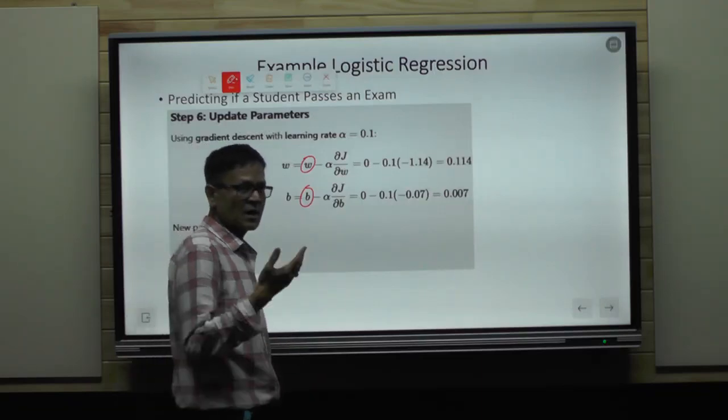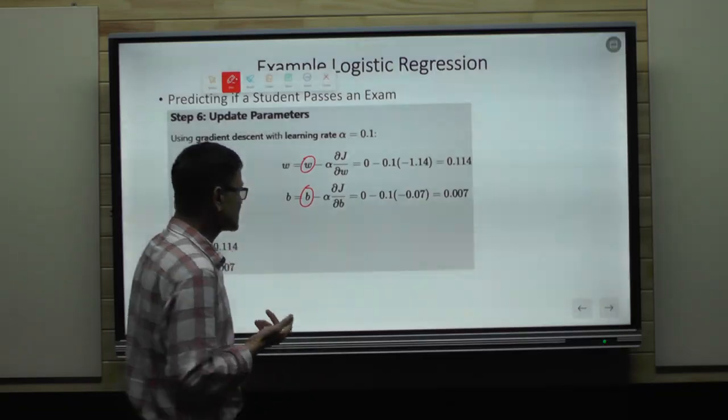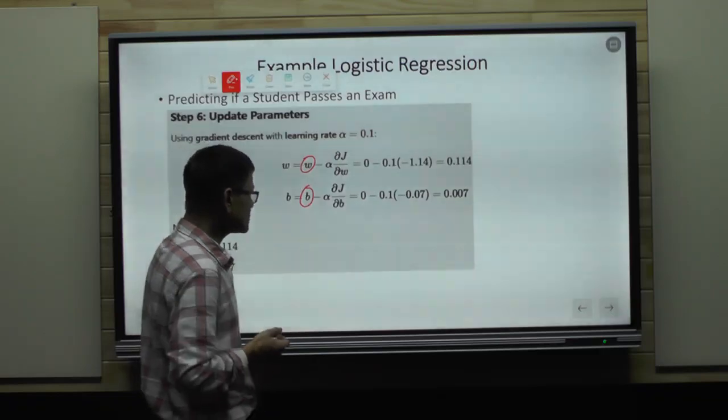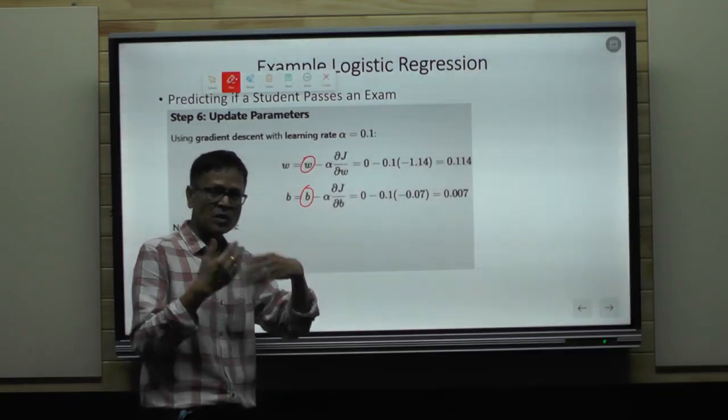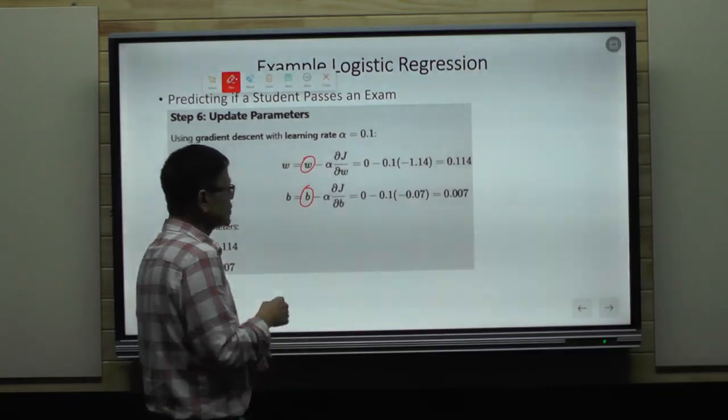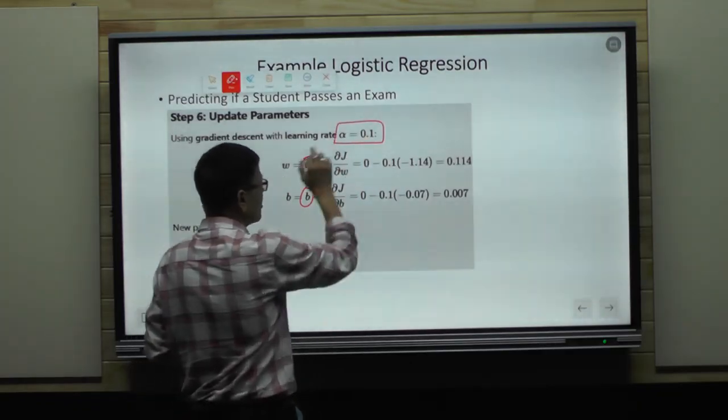That we have used as a random guess. We started with 0. Or you can use any value, and apply gradient descent, it will automatically correct. So alpha, the learning rate, is assumed to be 0.1.